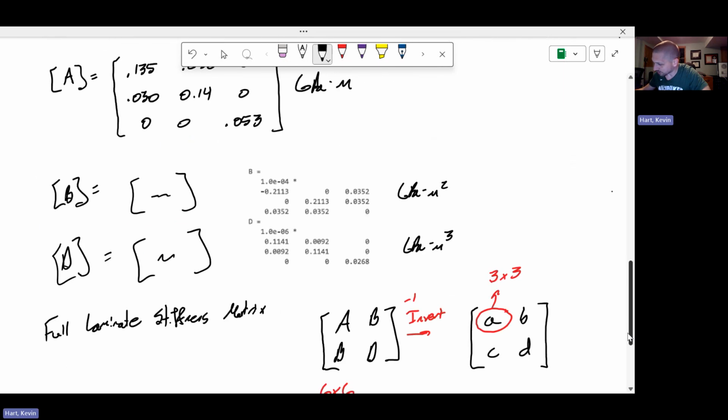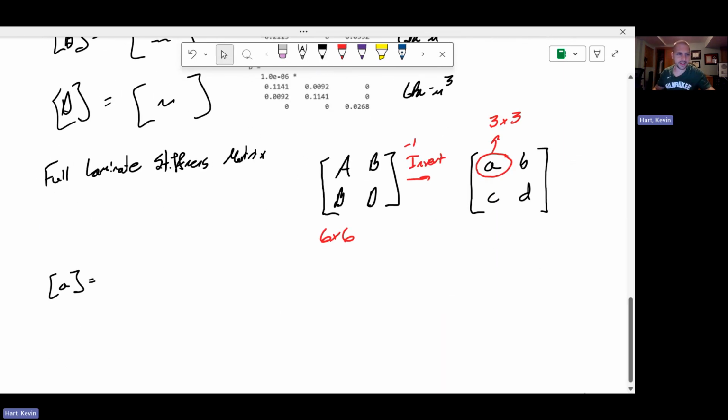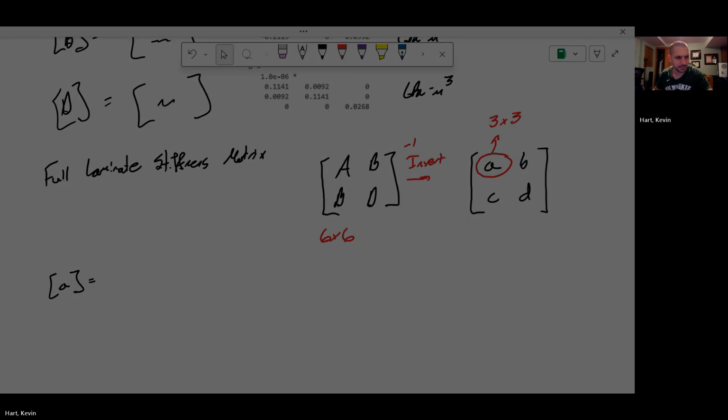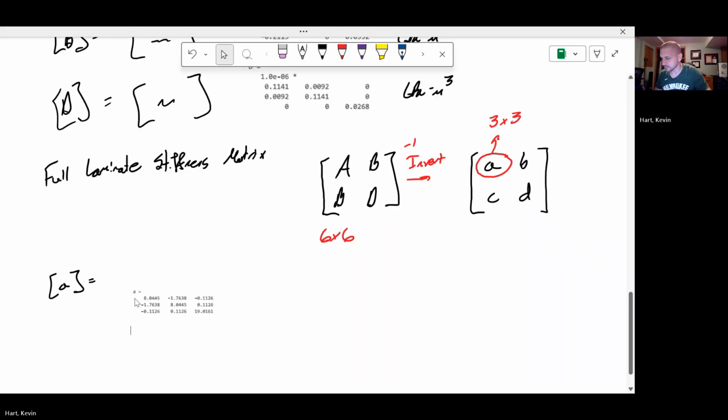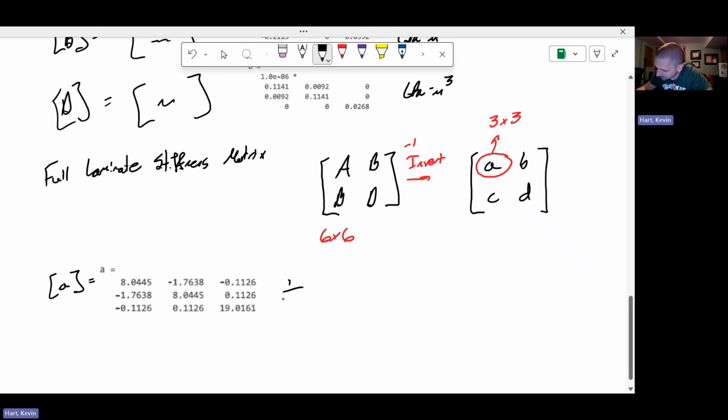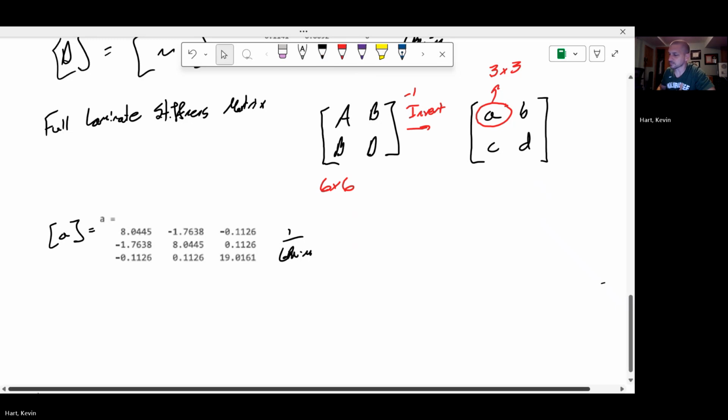So I will just give you the A matrix here, which is the following. So if you did the computations, this is what you would have for the little A matrix. And this is 1 on GPA meters. That is the little A matrix, right?